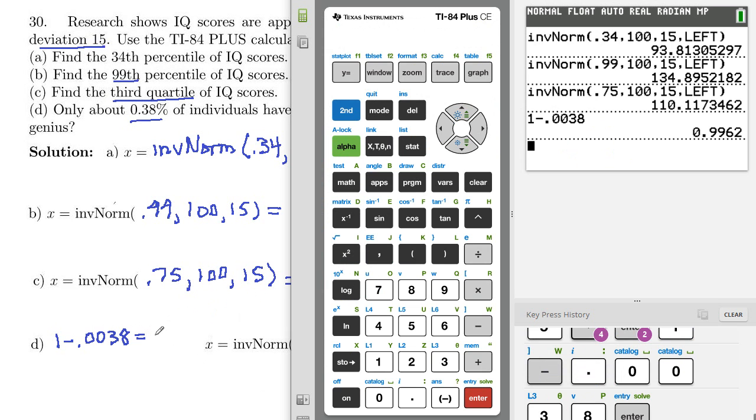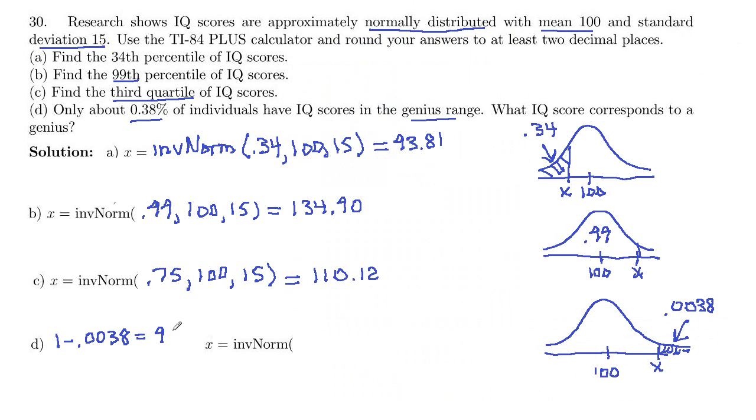So 0.9962. So this area here is 0.9962. So we're going to do inverse norm 0.9962, mean of 100, and standard deviation 15.